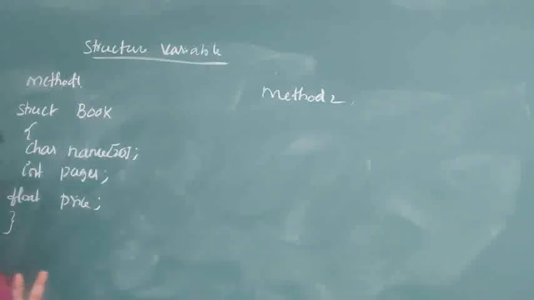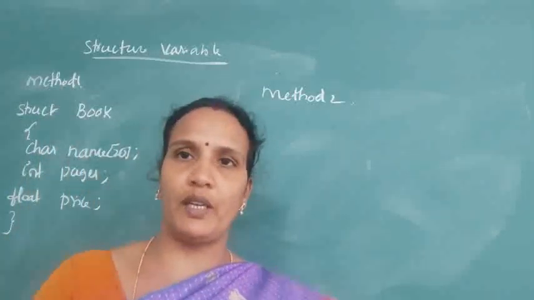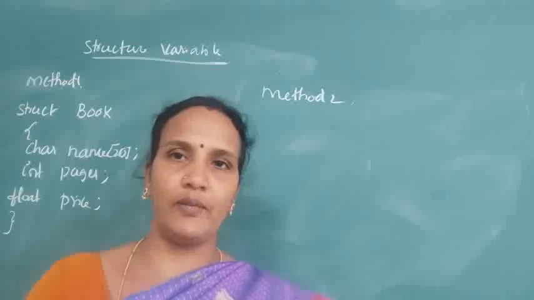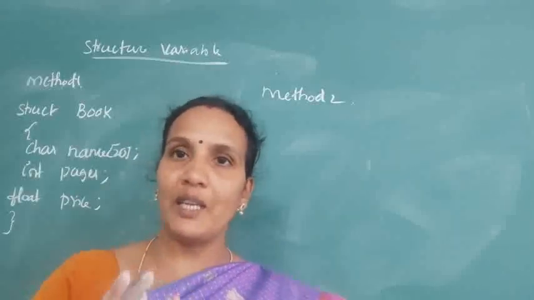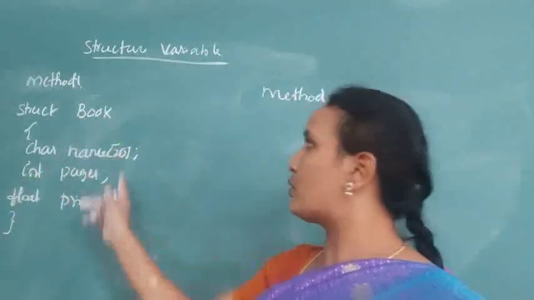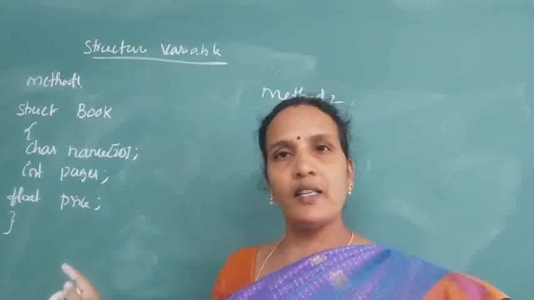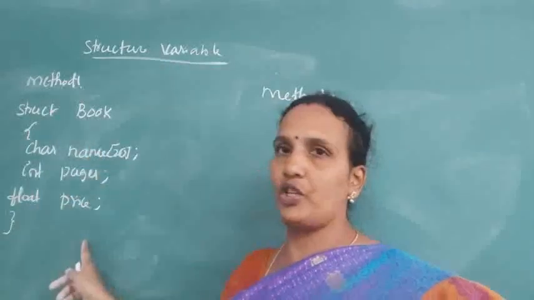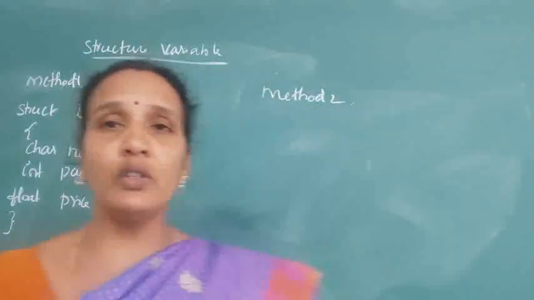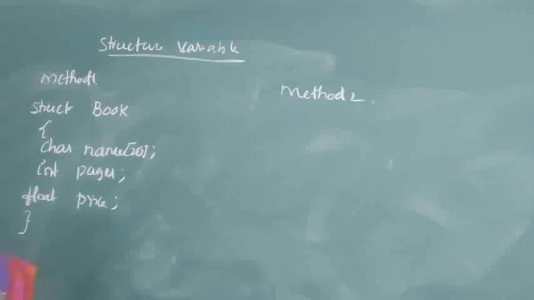For example, I want to maintain information for two books, C and C++. Two books are there, and about C and C++ I want to maintain this information. So C and C++ are called variables of this structure.